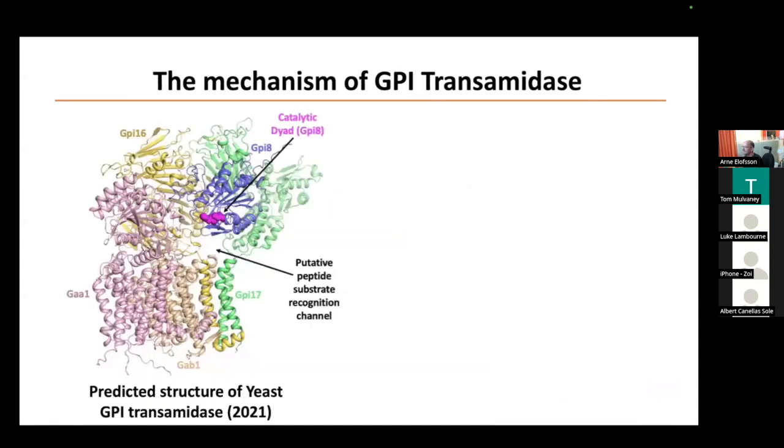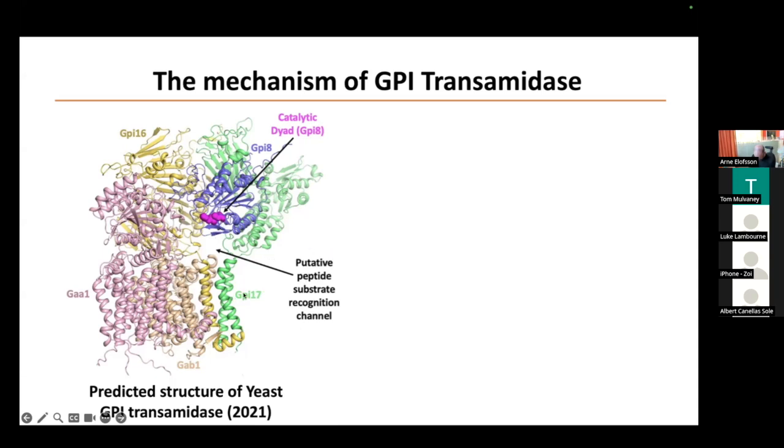So we were able to model this large enzyme complex using AlphaFold, and using this model we were also able to identify the catalytic site and a channel for a potential substrate to go through.